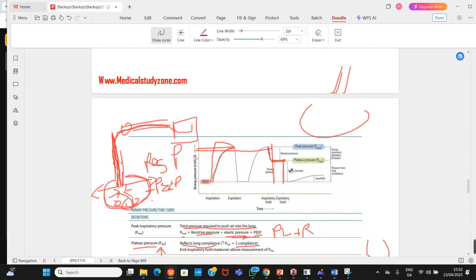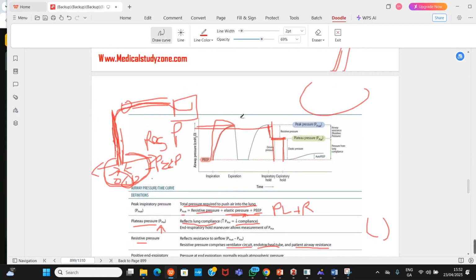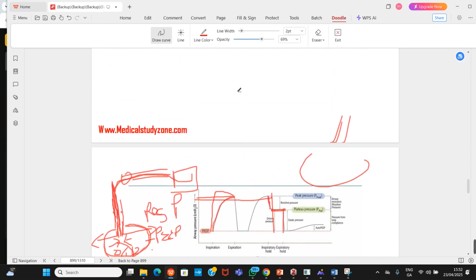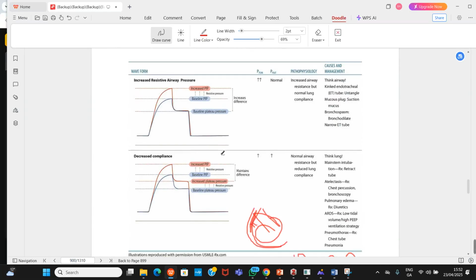PEEP can never be 0. If PEEP is 0, that lung has collapsed because there's nothing to keep it open. So the minimum PEEP is usually 5. The difference between them is the elastic pressure, then we have the resistive pressure. The sum of these and our PEEP is going to be our PIP.